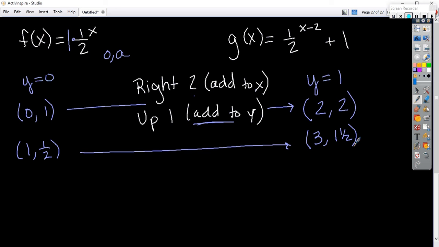So you use 0, a, and then you use 1, a times b. If you plug in 1 for x, that's what you'll get every time.